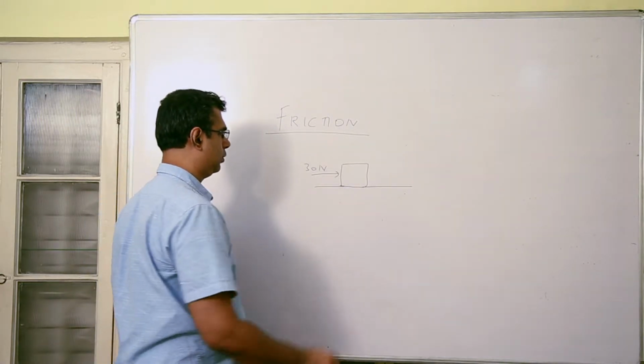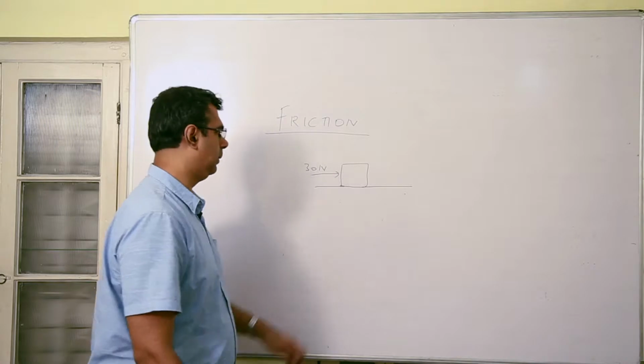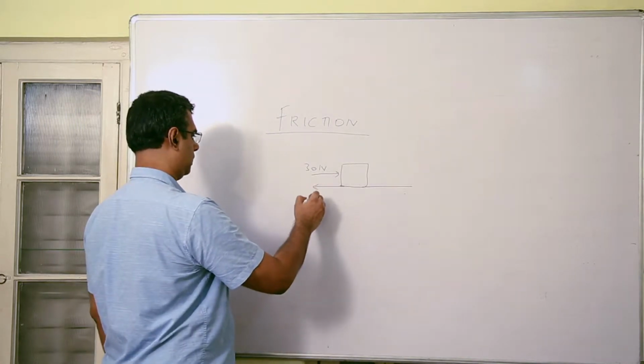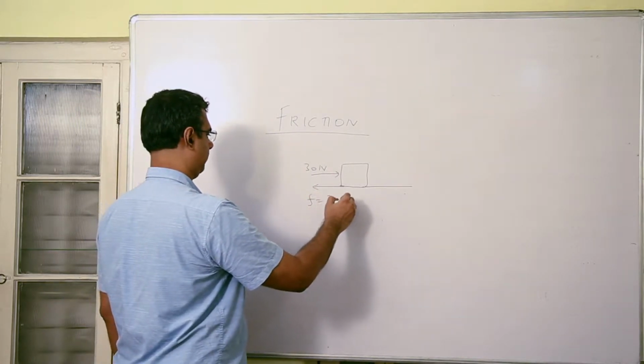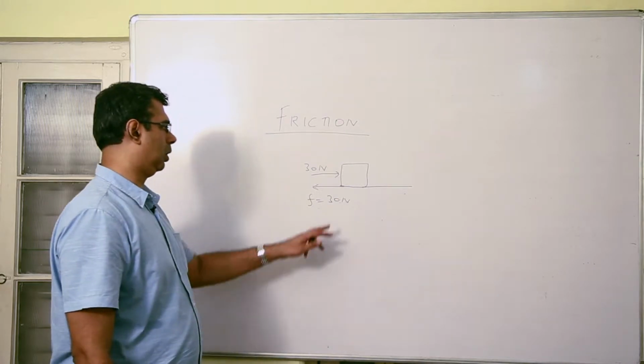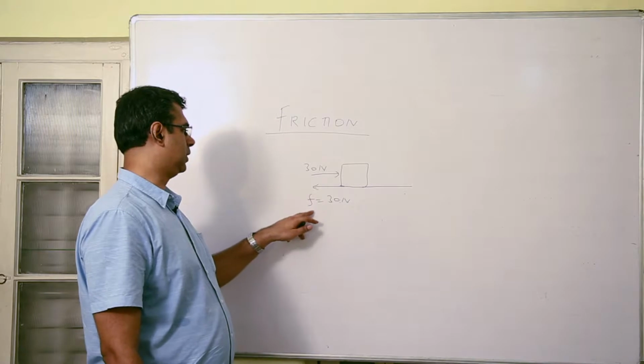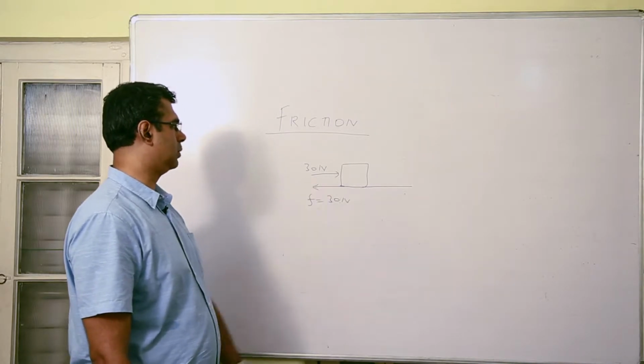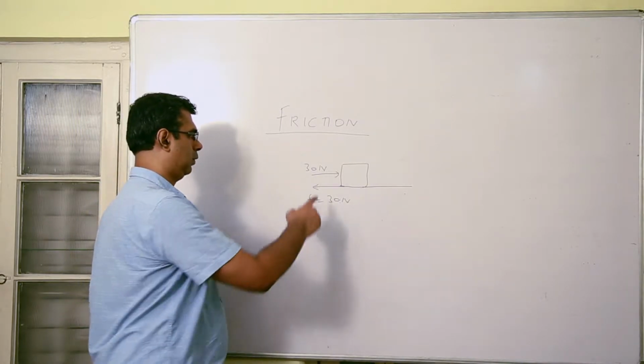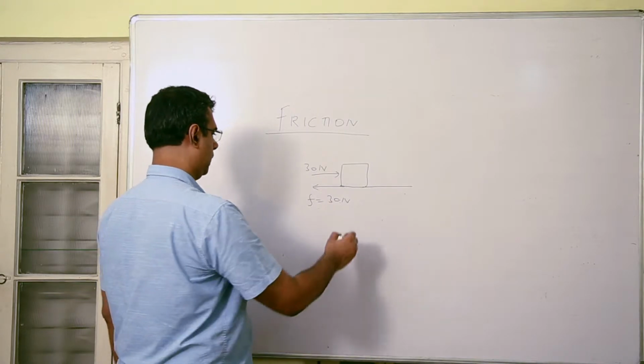Now there doesn't seem to be any other force horizontally, which means that friction on the block has to be equal and opposite to 30 Newton. So friction will be 30 Newton acting opposite to this force of 30 Newton.